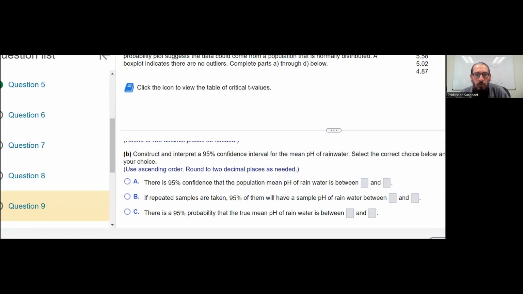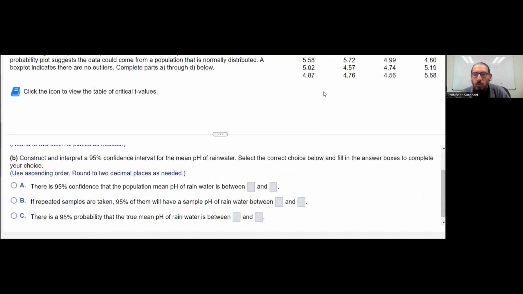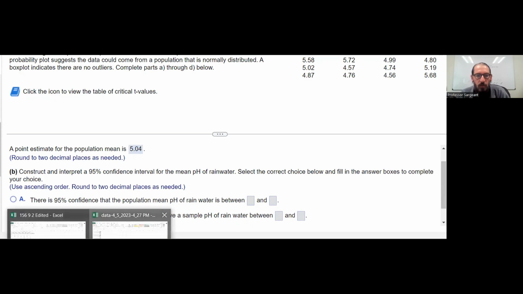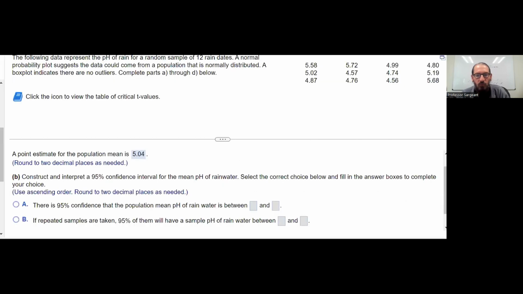They want this to 2 decimal places. Again, our lower bound was 4.776, so that's going to round up to 4.78, whereas the upper bound will round down to 5.30. 4.78 and 5.30.